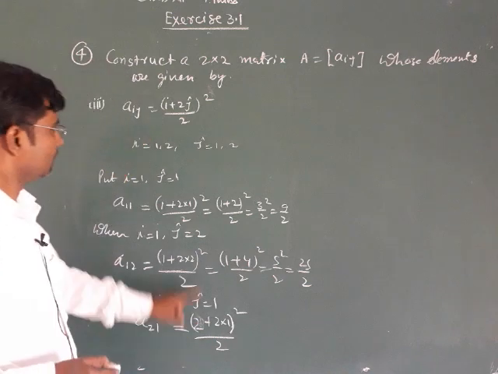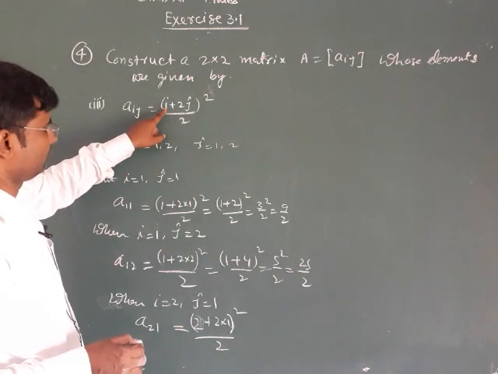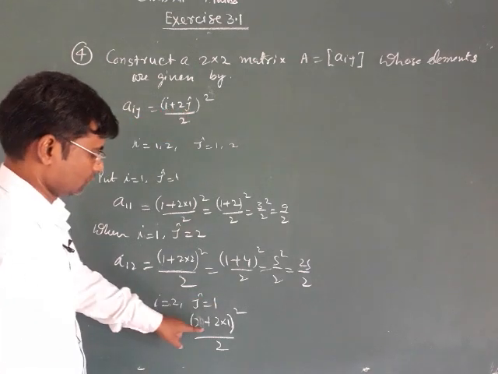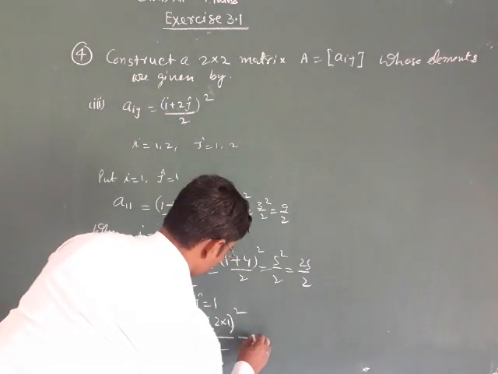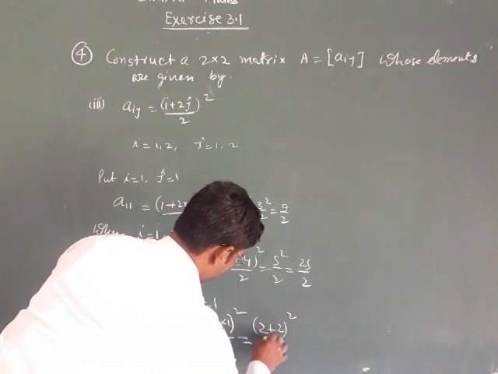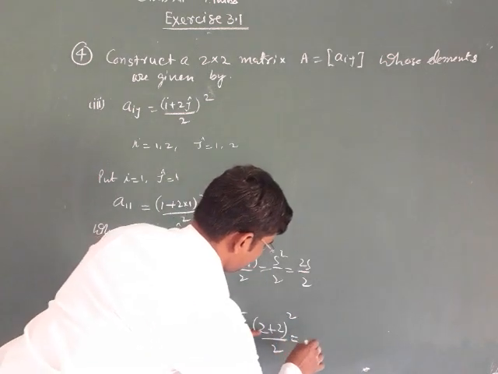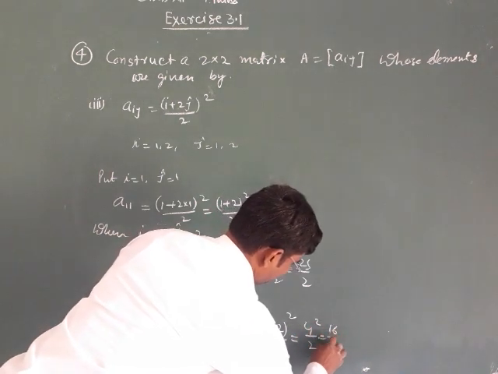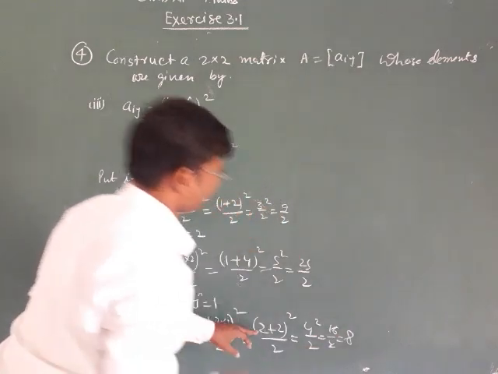So i is 2 and j is 1, 2 into 1. So here you can write (2 plus 2) whole square upon 2. This is 4 square upon 2. This is 16 upon 2, which is equal to 8.